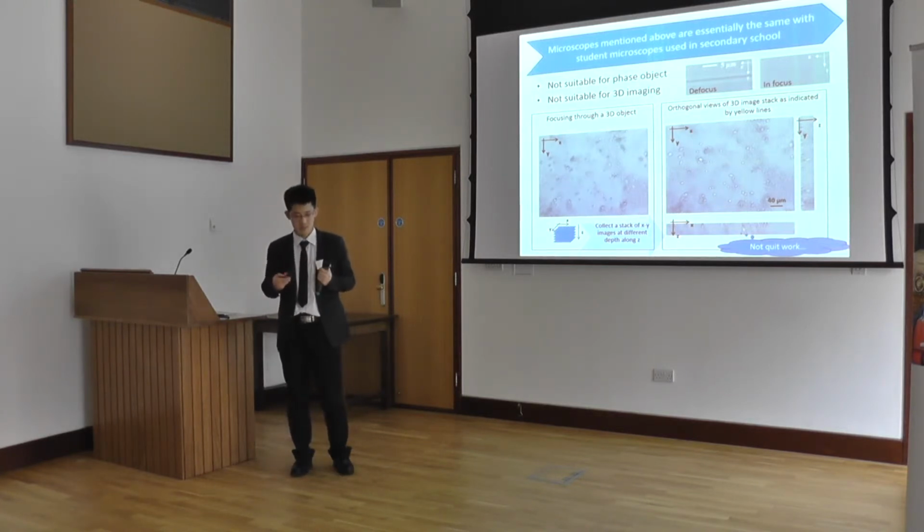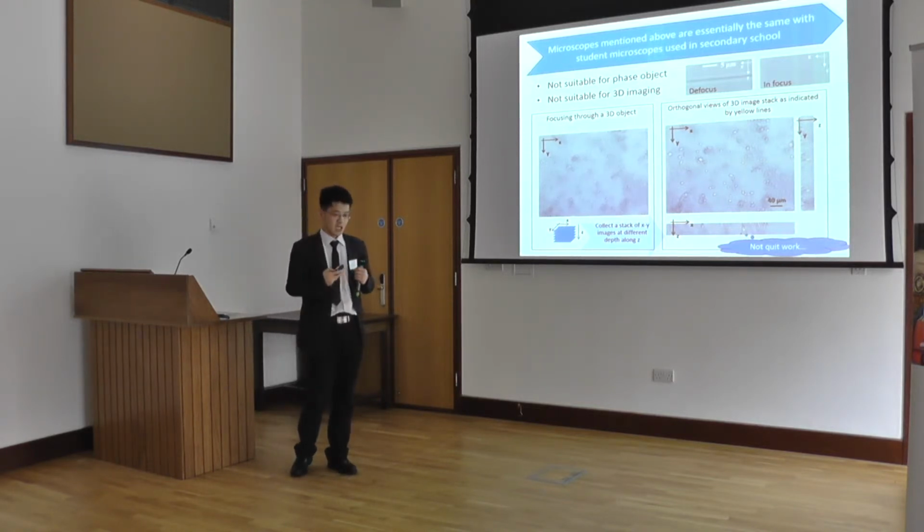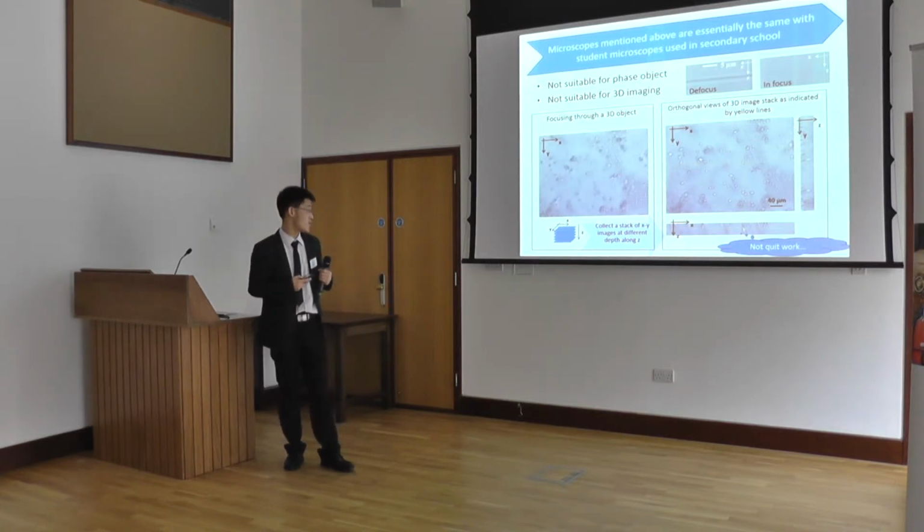If you have used some very expensive microscopes from a biology lab, then you probably know one way of creating a three-dimensional image is taking multiple images and then reconstructing them as a three-dimensional stack.